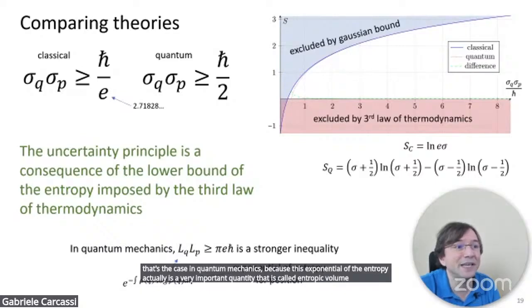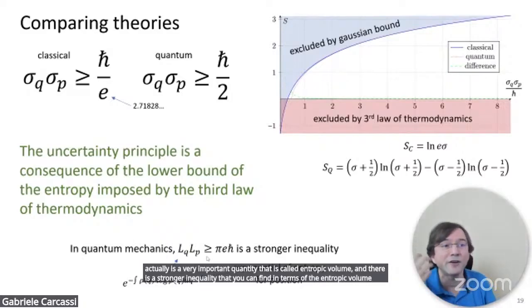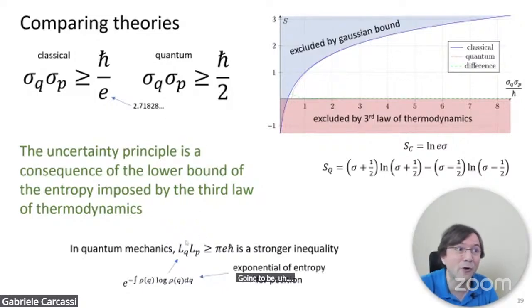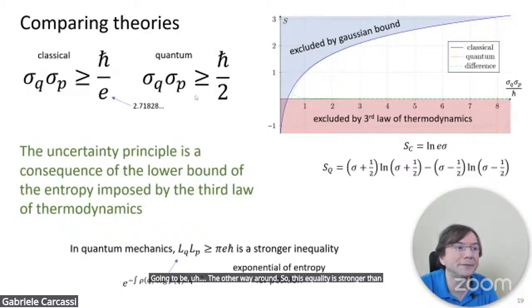And there is a stronger inequality that you can find in terms of the entropic volume. A stronger inequality means that if you assume this inequality, you are going to be able to derive the other inequality, but it's not going to be the other way around. So this inequality is stronger than this other inequality.